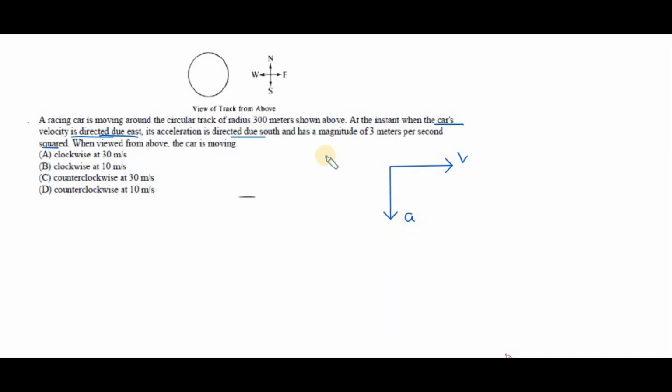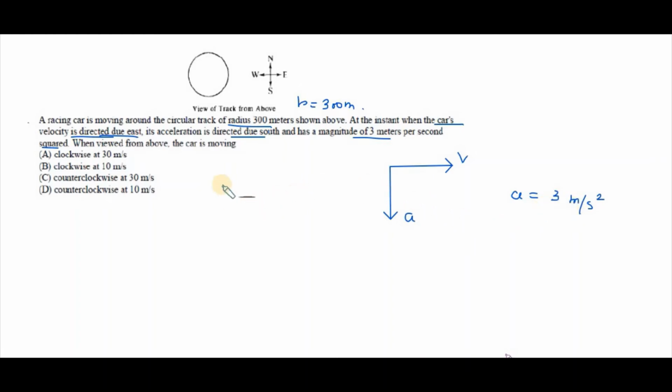So this would be the direction of acceleration, with a magnitude of 3 meters per second square, so a equal to 3 meters per second square. The radius is given as r equal to 300 meters, and acceleration a equal to 3 meters per second square.